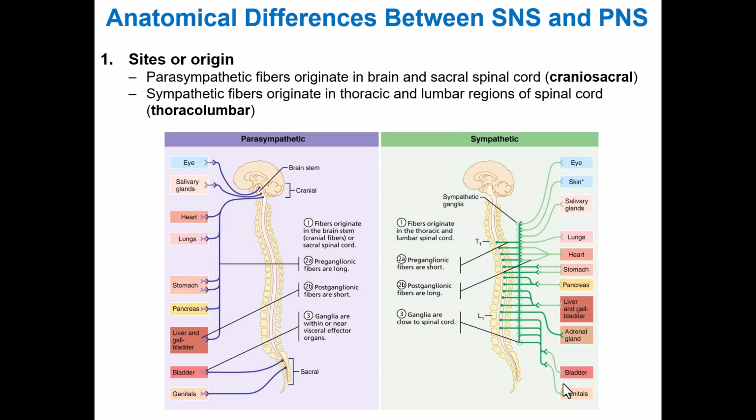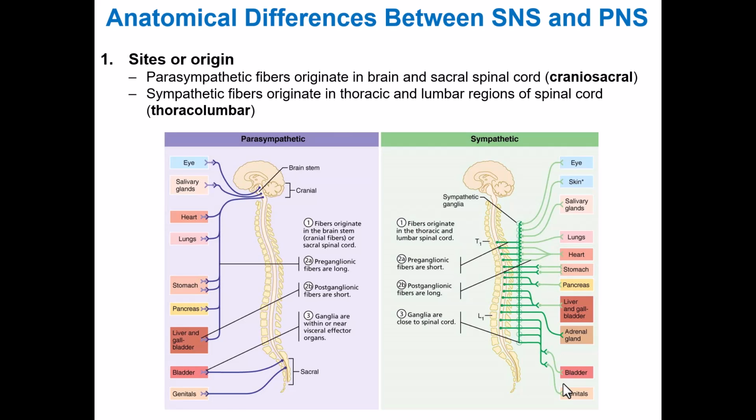All right, there are some anatomical differences between the parasympathetic and sympathetic divisions of the autonomic nervous system. First off, where are these motor neurons coming from? Where in the central nervous system do these motor neurons originate from?